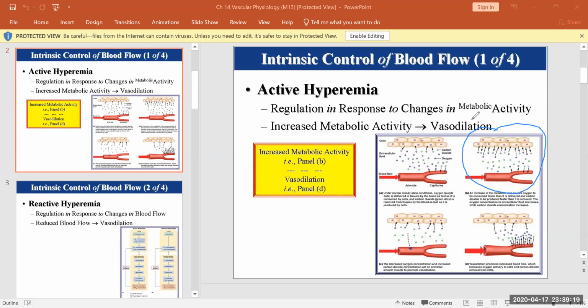So your question to me should be, okay, dude, why did the metabolic activity of the cells increase? Think about it. If you start to exercise, right? When you exercise, your cells consume more oxygen, consume more nutrients, produce more carbon dioxide, produce more cellular waste.